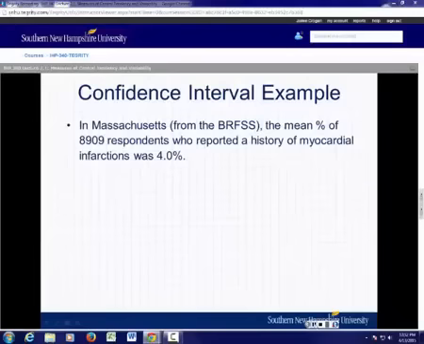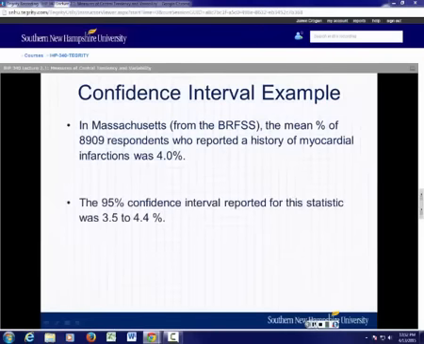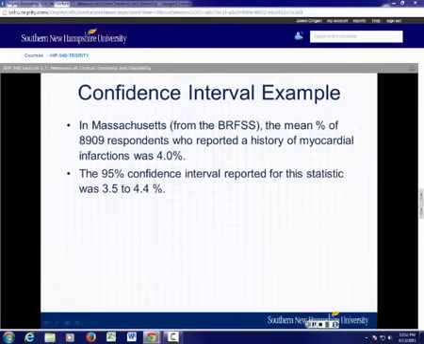We can take this information from the sample and calculate an interval within which the population's value for myocardial infarction rate would likely fall. And so in the study they actually did this, and they got a confidence interval that ranged from 3.5 to 4.4%. This was the 95% confidence interval that was reported.